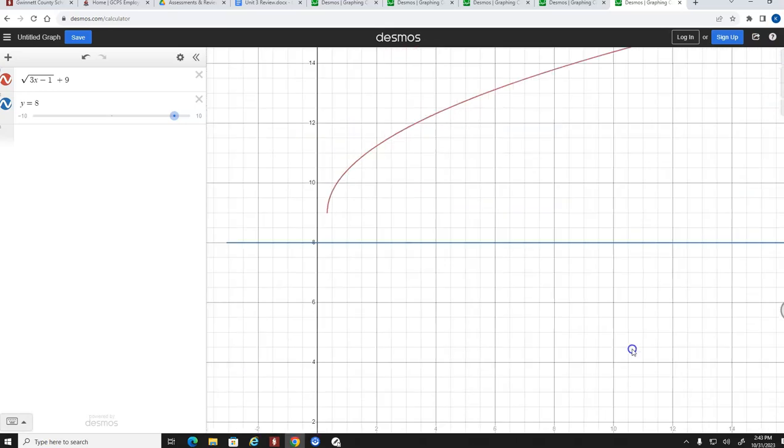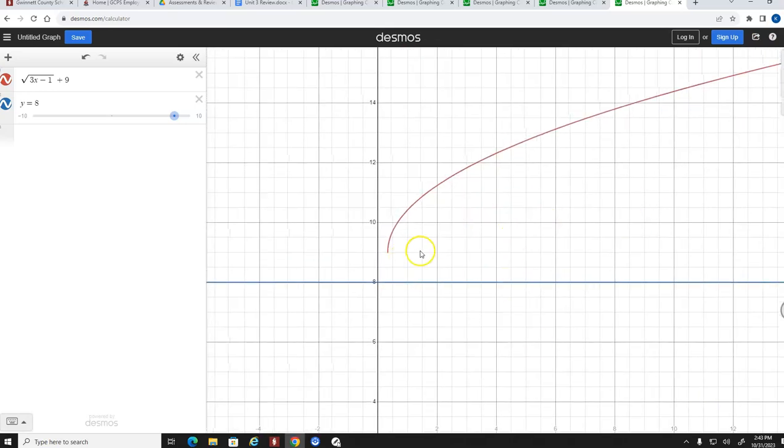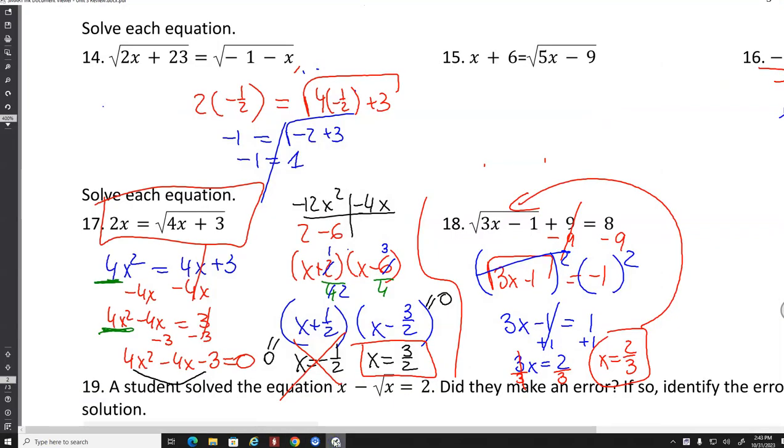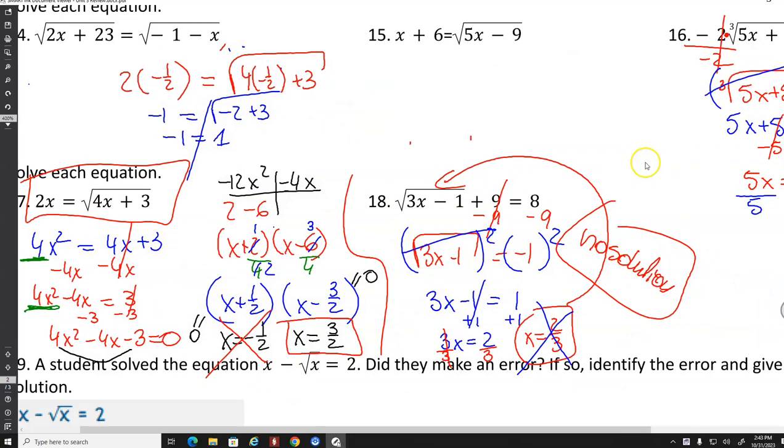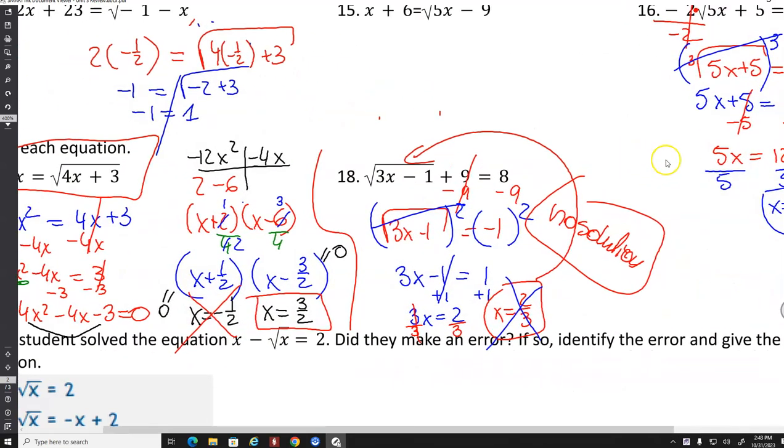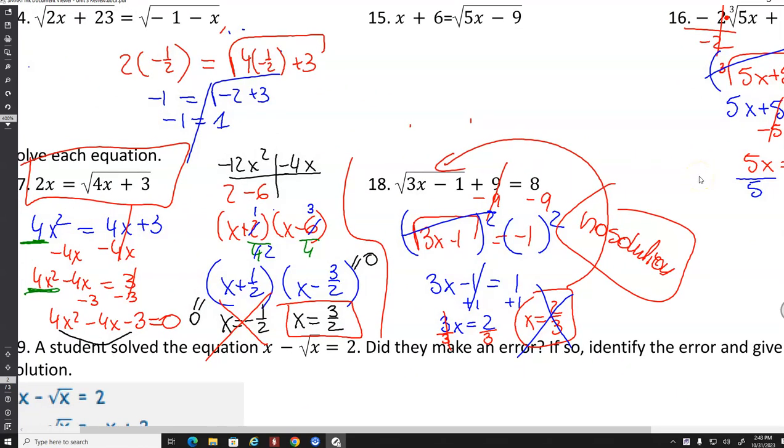Even though I got an answer, those functions do not cross. That means there is no solution. Even though I did get a value of x, this is not a solution. So it's very important to make sure that we check for those solutions, either in Desmos or by plugging it back in.